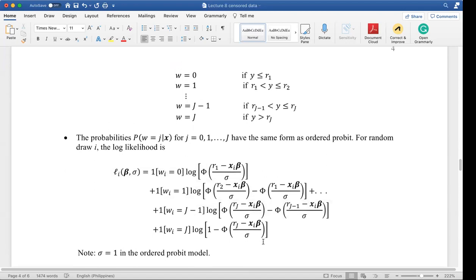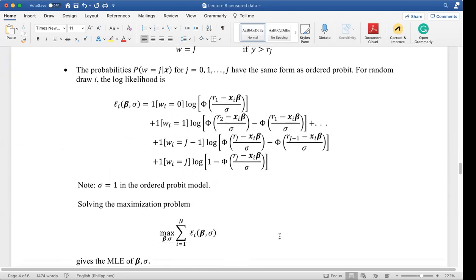Okay. However, if you look back at your ordered probit model, the sigma here would be equal to 1 for the ordered probit. That's why you don't have sigmas for the ordered probit. Okay, if you look at the assumptions for the ordered probit model.